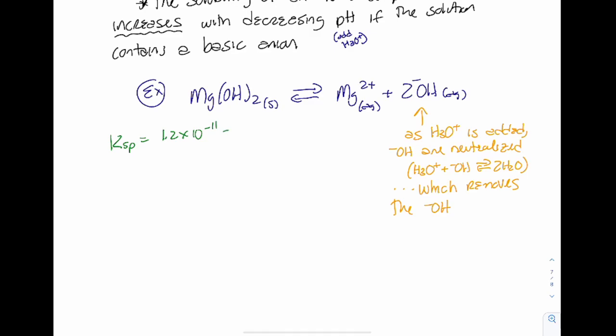And if we were to solve for our molar solubility, that's going to be equal to the concentration of magnesium, which is going to be X, multiplied by the concentration of hydroxide ions, which is going to be 2X, because there's 2 hydroxide ions. And then I need to square that, because I need to take the concentration of hydroxide and square it. So solving for X real quick, I'm grabbing my calculator here.